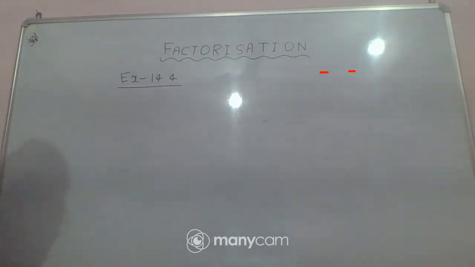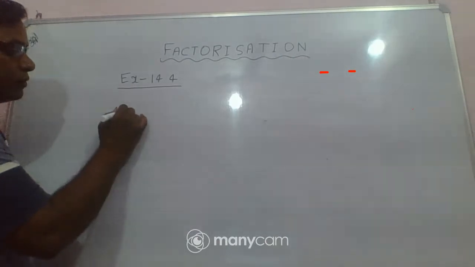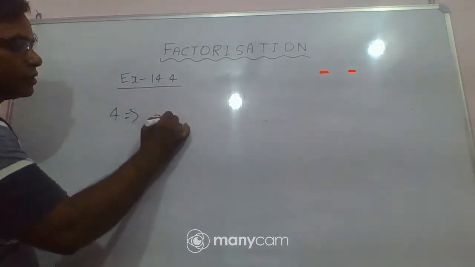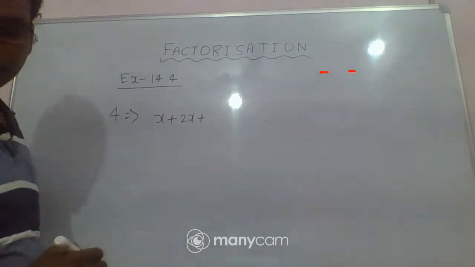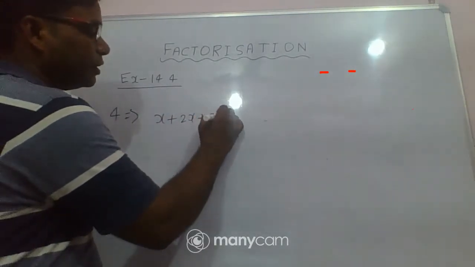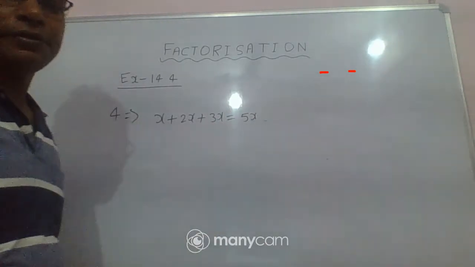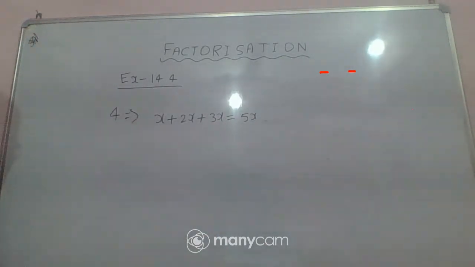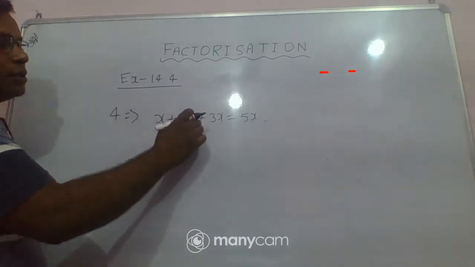Now the next part of this exercise, 14.4, question number 4. So what is question number 4? Question number 4 is x plus 2x plus 3x is equal to 5x.